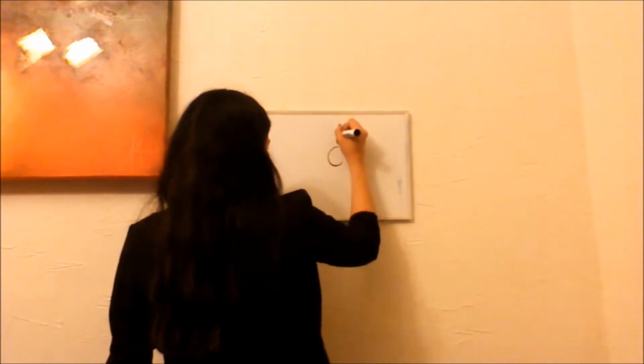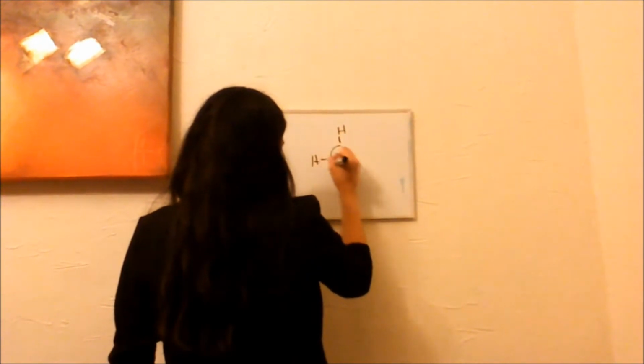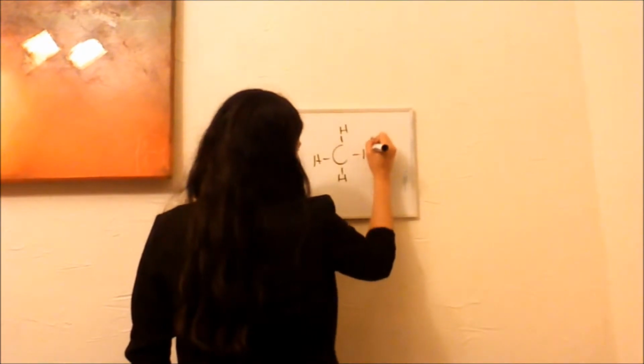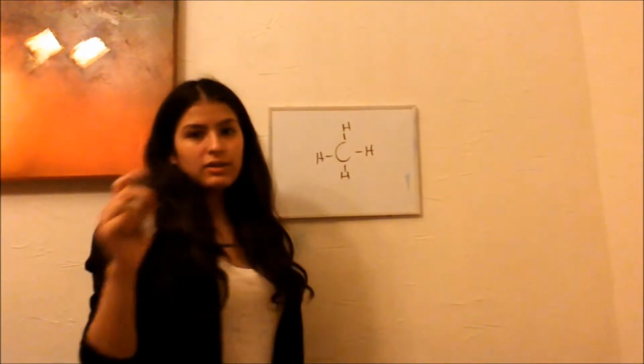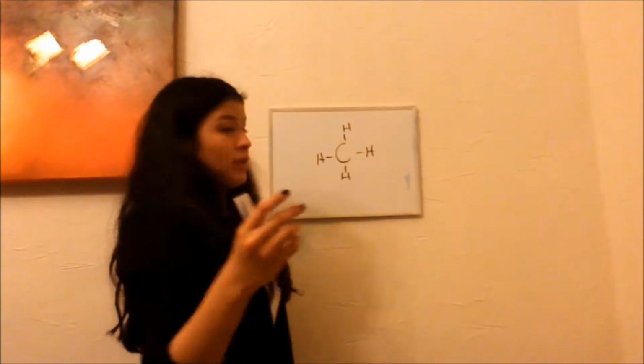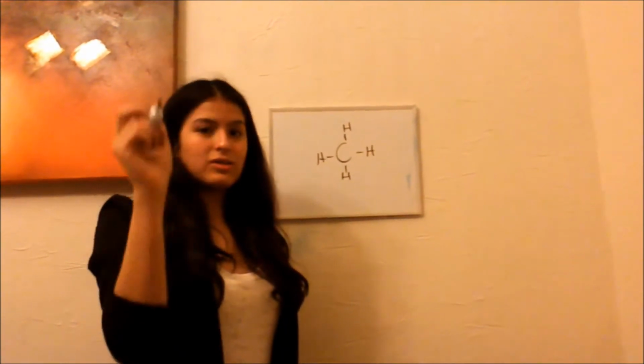Carbon tends to have a tetrahedral geometry, which means tetra means 4 and hedral means the number of sides that it has.